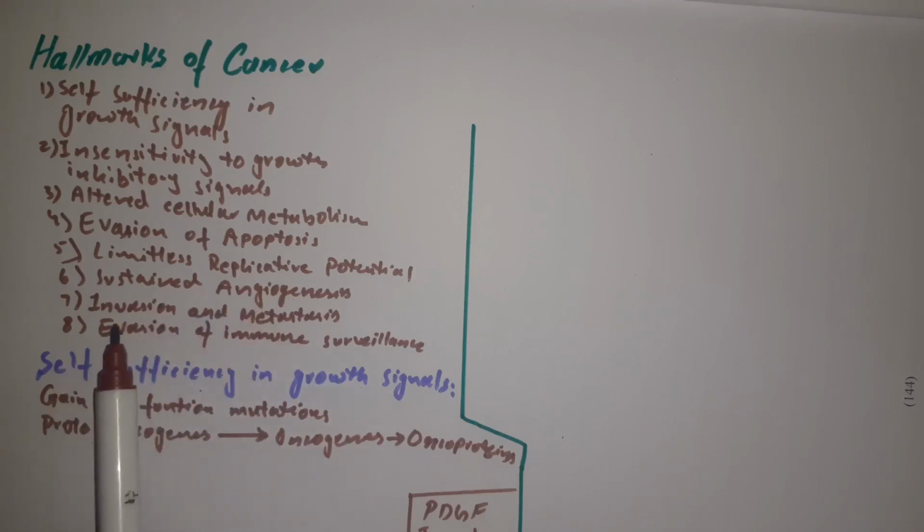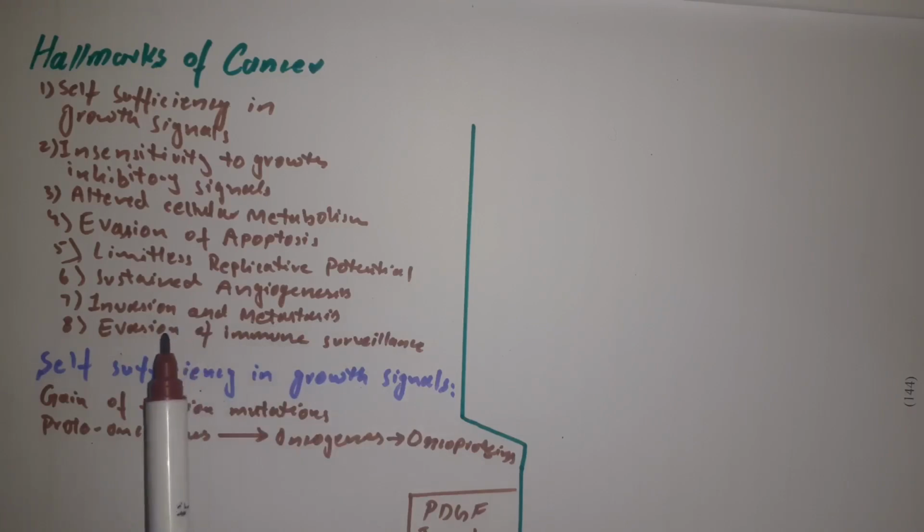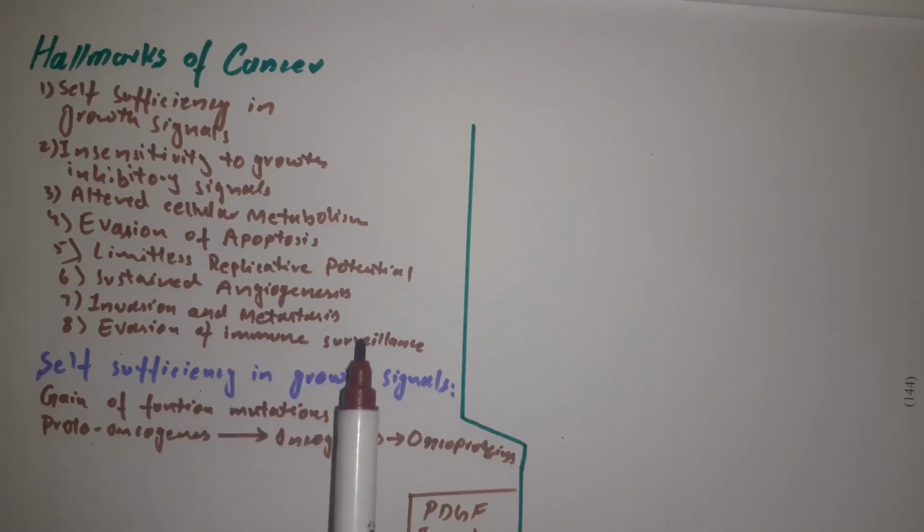Moreover, they invade the surrounding tissue, and they show the process of metastasis and spread to distant sites. Moreover, they also evade the response of the immune system, and they protect themselves from cytotoxic T cells by regulating their expression of MHC proteins, or major histocompatibility complex proteins.